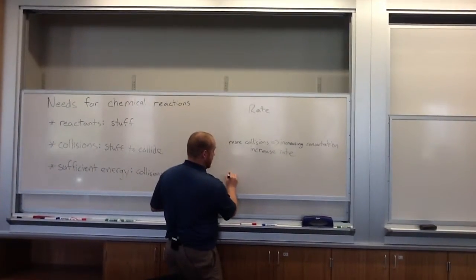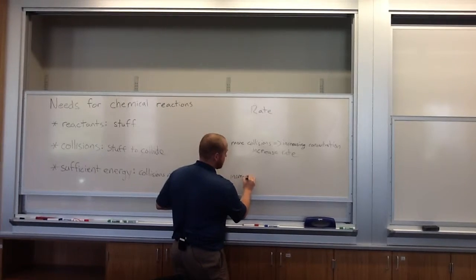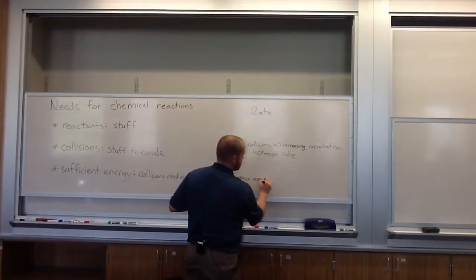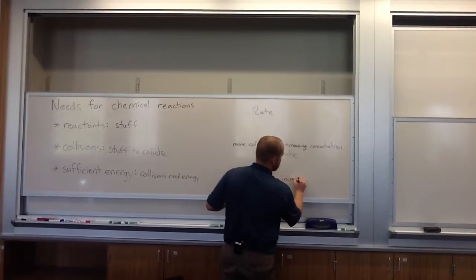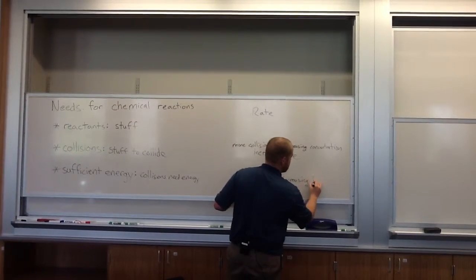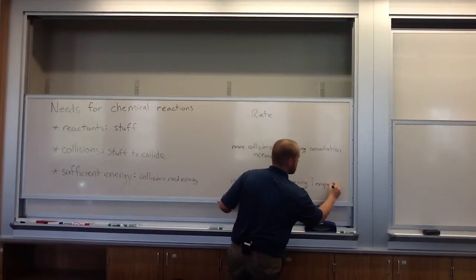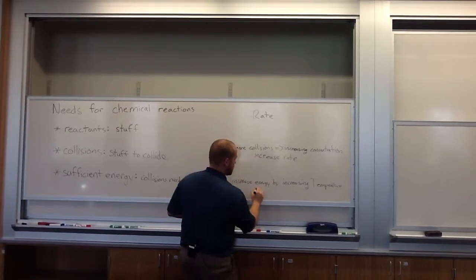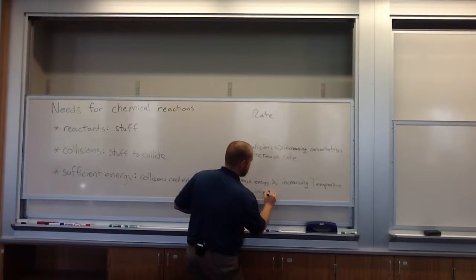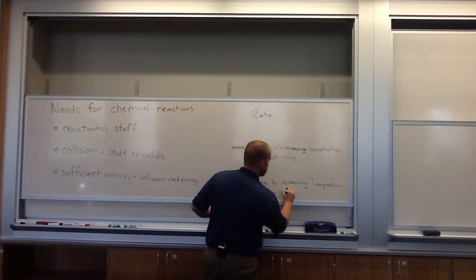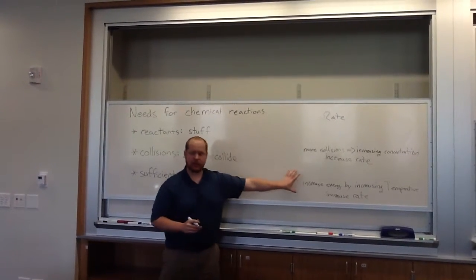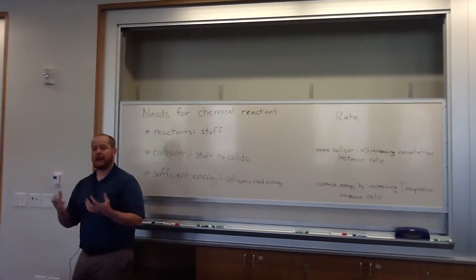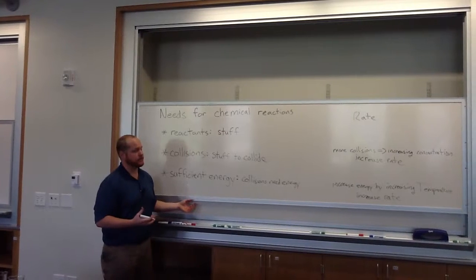And so we can increase the energy by increasing temperature, which will again increase the rate. And so these two things, increasing concentration and increasing temperature, will allow us to increase the rate of a reaction.